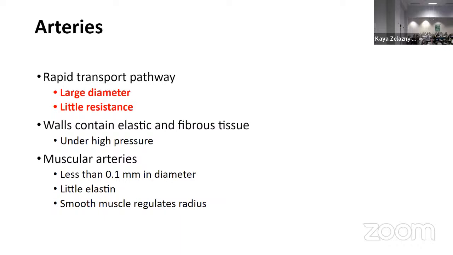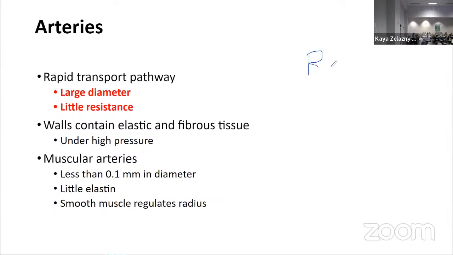So our arteries are going to be relatively large in diameter, right? They're large in diameter because we know that when something is large in diameter, it has low resistance, right? Our resistance, big R, I'm not writing out our whole equation, right? But our resistance was inversely proportional to radius. Actually, I think it's to radius to the fourth, something like that, right?